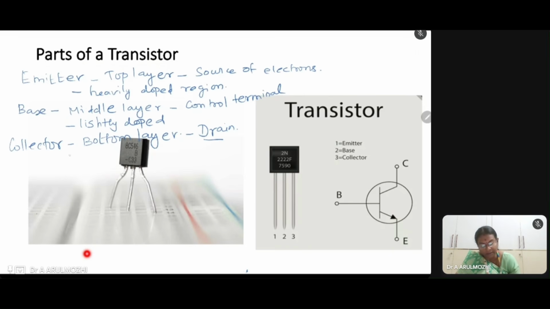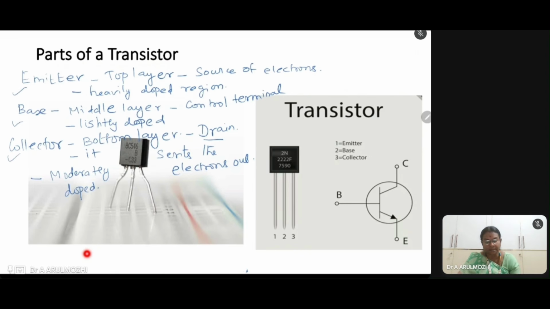It is the drain terminal, and it sends the electrons out. Okay, and it is a moderately doped region.